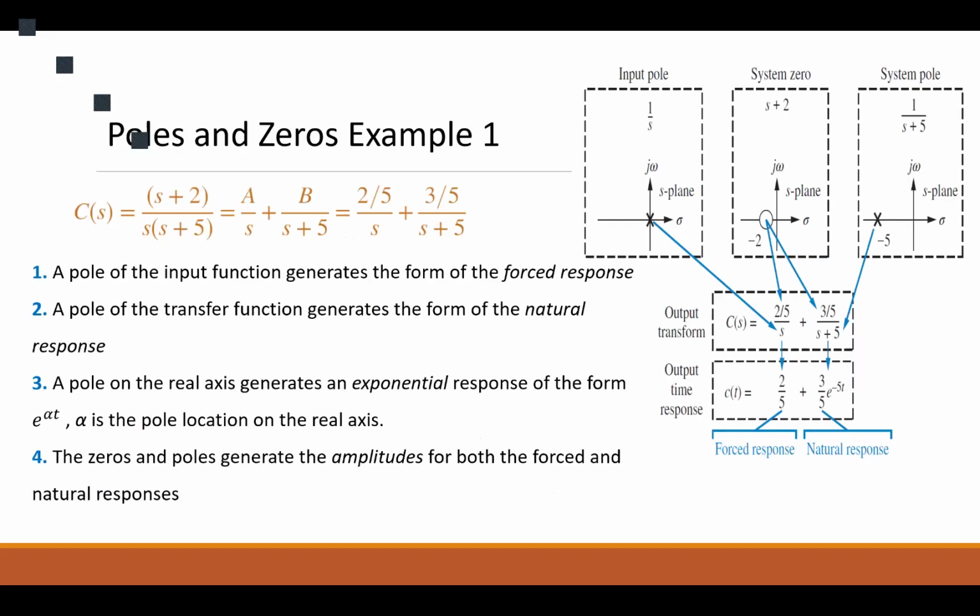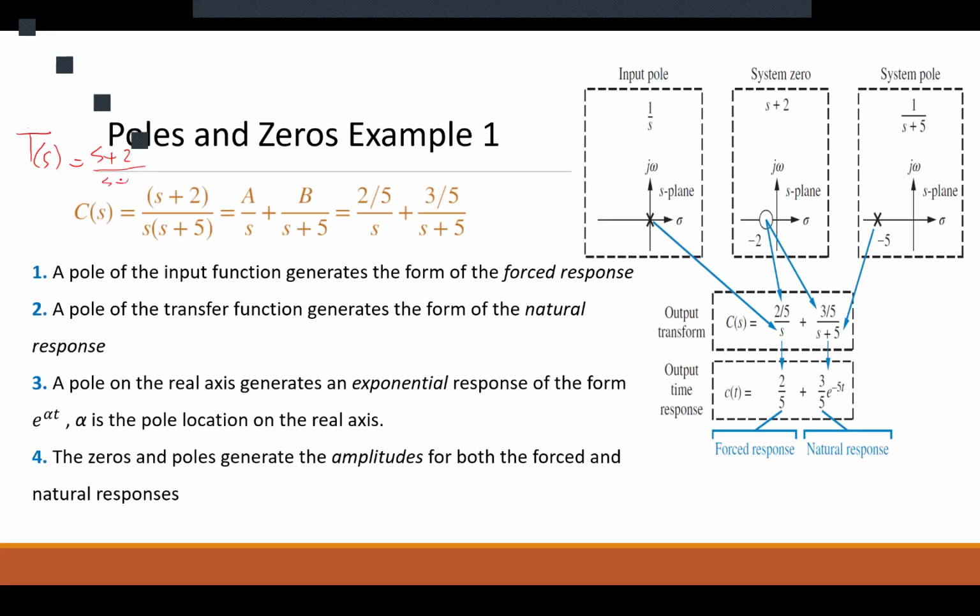Now, let's look at an example. Let's say we have a transfer function T of S equal to S plus 2 over S plus 5. And we have the input of the step function, which is 1 over S. Are we good?